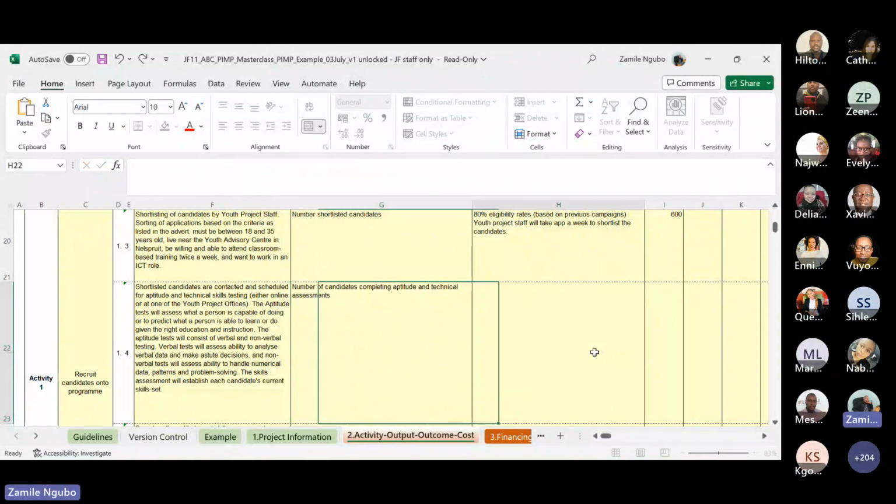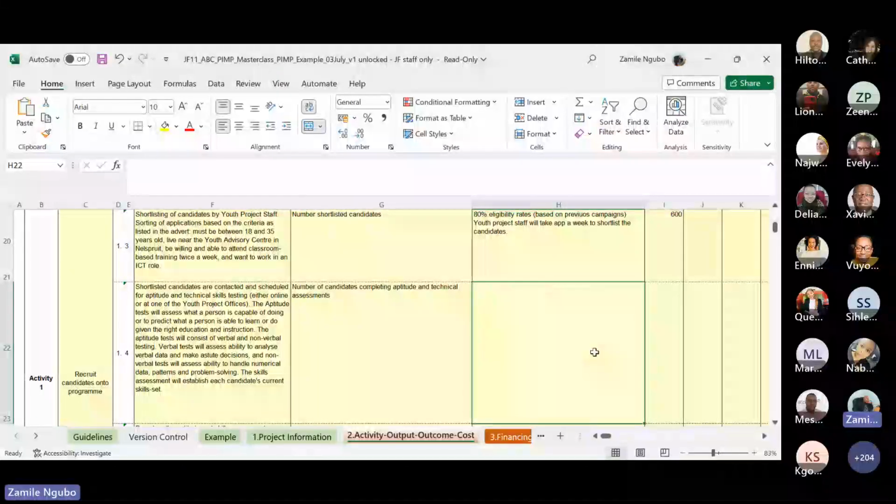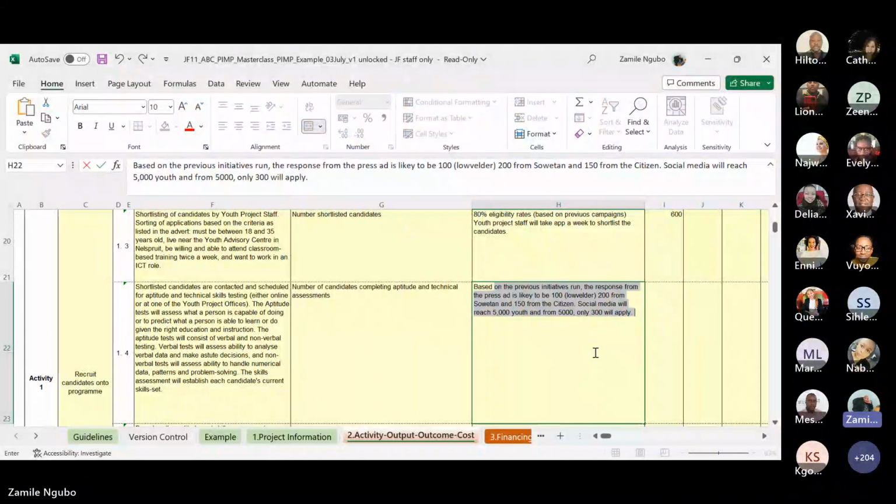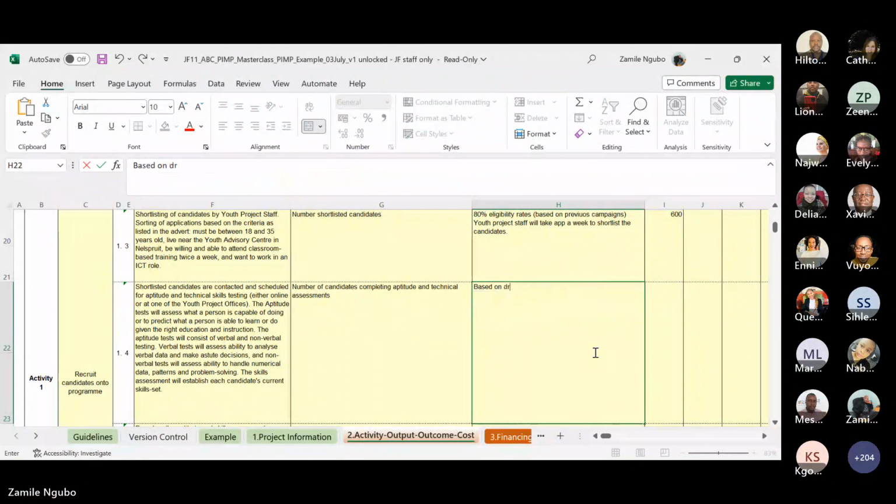So that will be the output. Under the assumption that there will be a 5% drop out rate from the shortlisting and testing. So this is based on a 5% drop out.